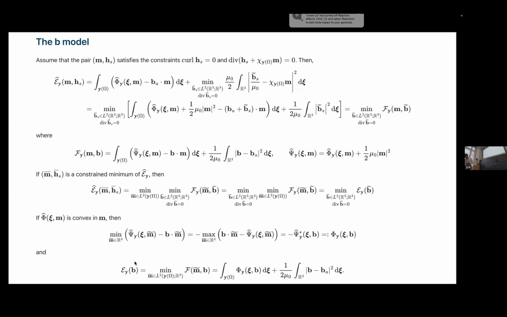So this is the argument of this auxiliary functional. And at the end, you end up with the energy written in terms of this magnetic state B. So this is the argument by Pedregal and Jan.